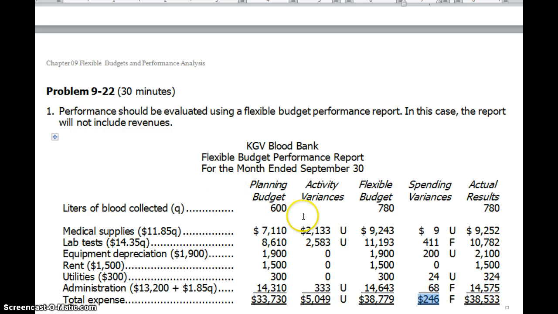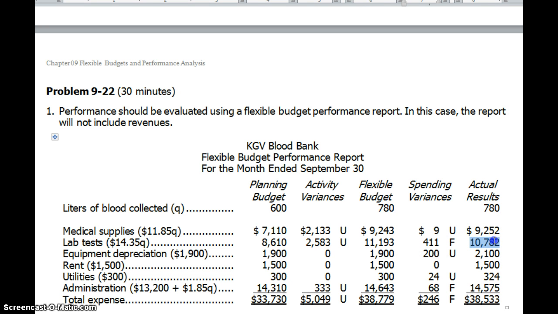The only thing that might alarm you, or make you ask a question, is the fact that we have a $411 favorable spending variance on lab tests. In other words, when we build our budget, 780 liters of blood, we expect to spend $11,193 in lab tests. We only spent $10,782.